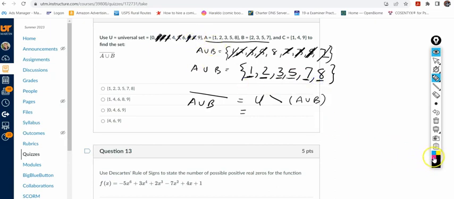And then what's left is going to be what we have: 0, 4, 6, and 9, which is going to be that one there. Okay.